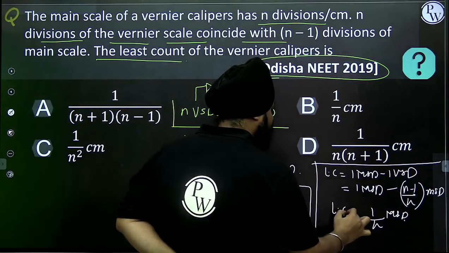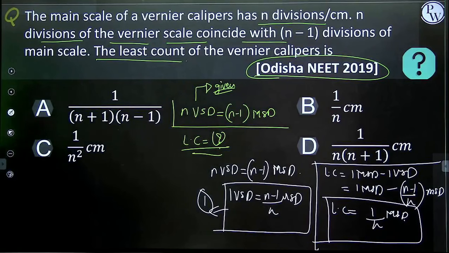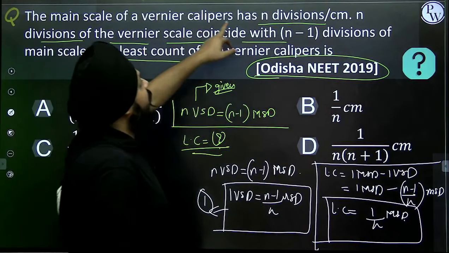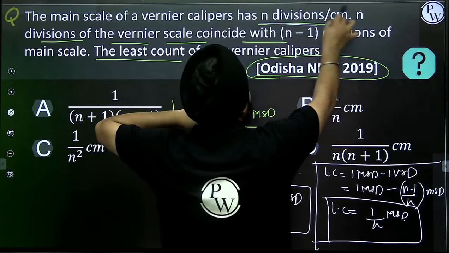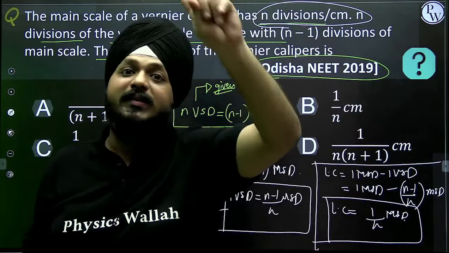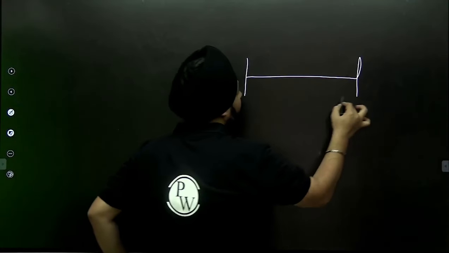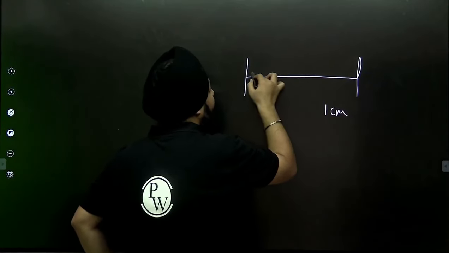This is the least count, but we still need to replace the value of MSD. The main scale of a Vernier caliper has n divisions per centimeter. Kindly mark my words: n divisions per centimeter. In 1 centimeter there are n divisions.